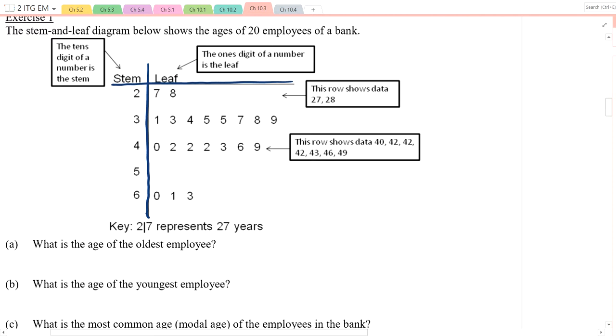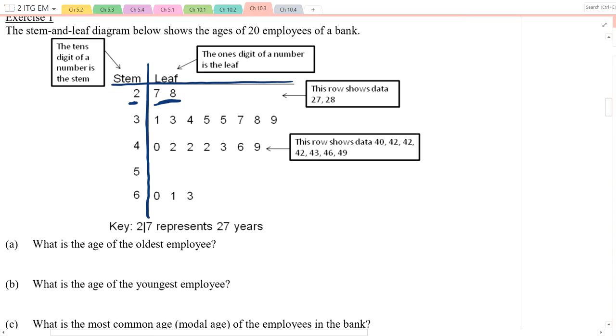Like I said, it is important to know where the leaves belong to. So we see that for stem number 2, what are the leaves that it has? 7 and 8. Intuitive. Can you imagine that there is really a stem with leaves 7 and 8 growing out from it? Just need to know that for stem number 2, it has leaves of 7 and 8.